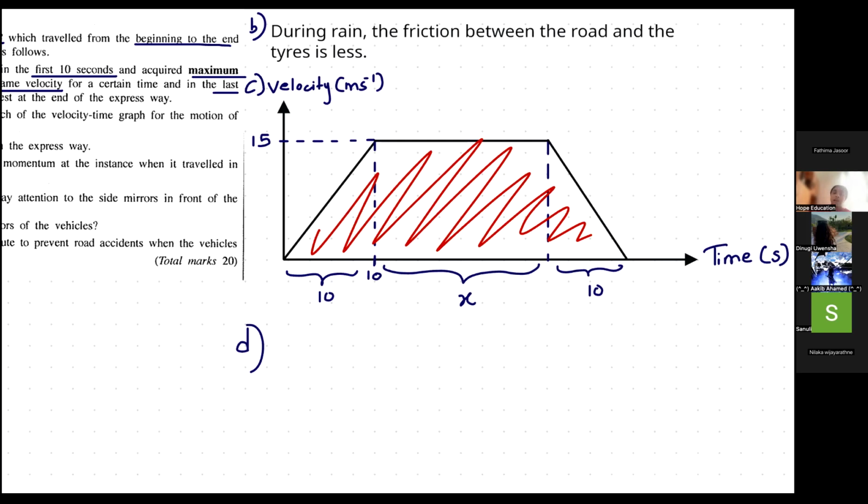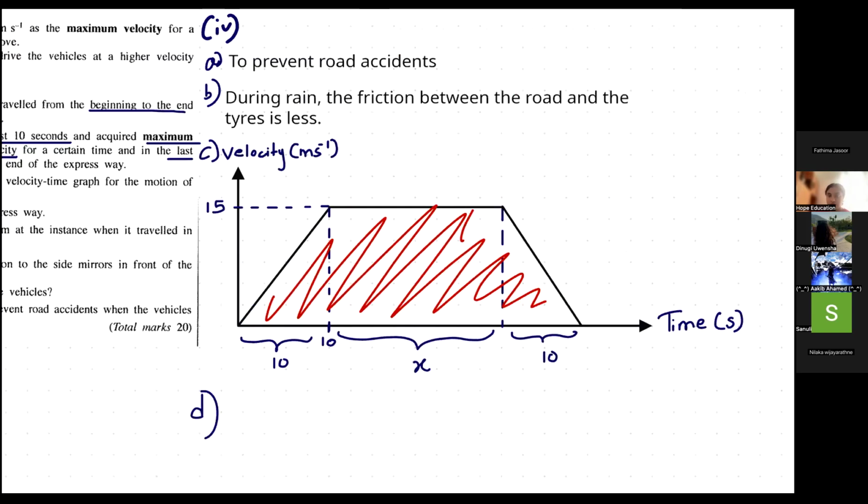Displacement. That will give you displacement. Do we know the displacement of this object? What do you think?